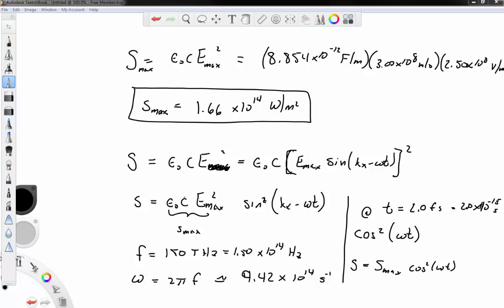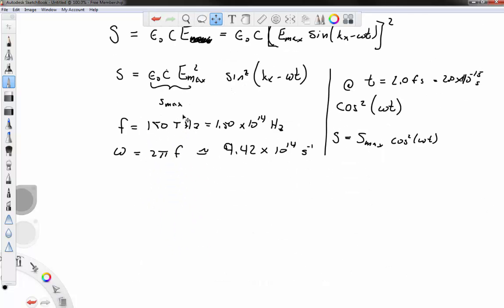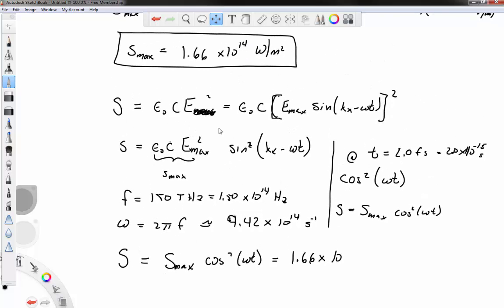And then that basically means that the Poynting vector at this time, S max times cosine squared of omega t, becomes 1.66 times 10 to the 14 watts per meter squared, scrolling up here to find it, times cosine squared of 9.42 times 0.2.